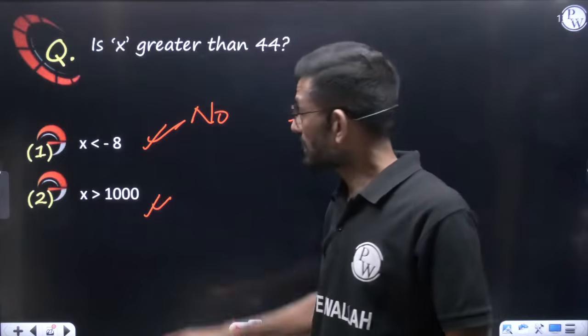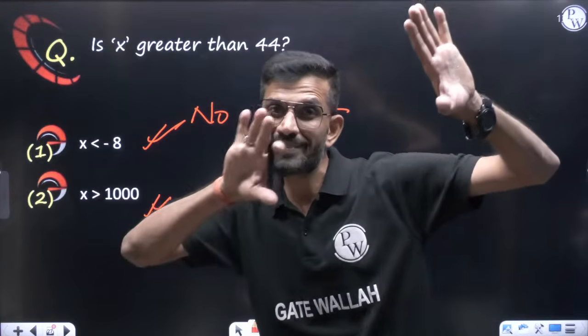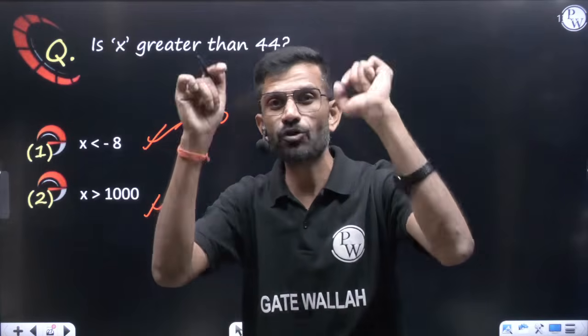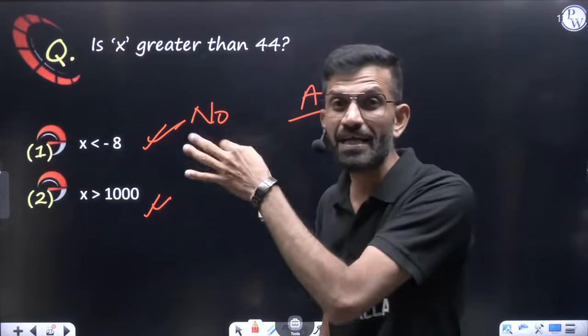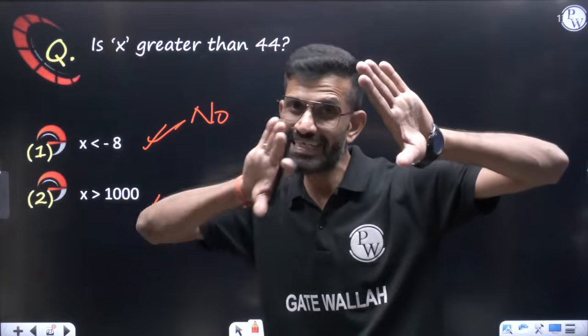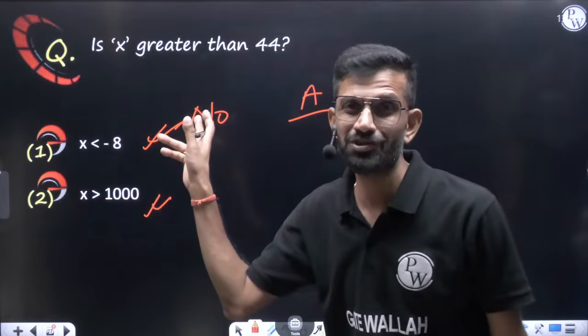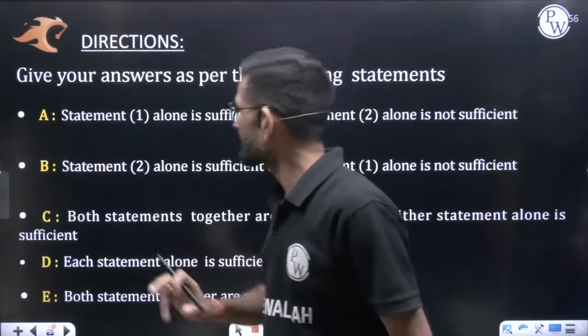No doubt, if in the directions they have given an option that first alone is sufficient and second alone is also sufficient, we can select that option. Independently, first alone is sufficient. Independently, second alone is sufficient. Then that option we can select in this question. Like here, we are changing the direction.